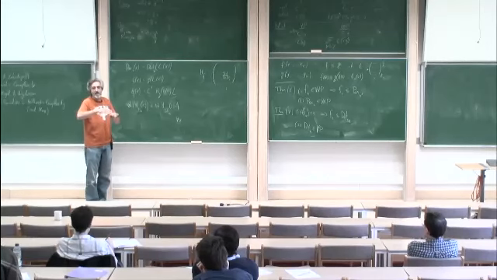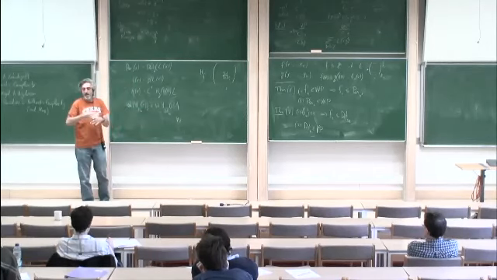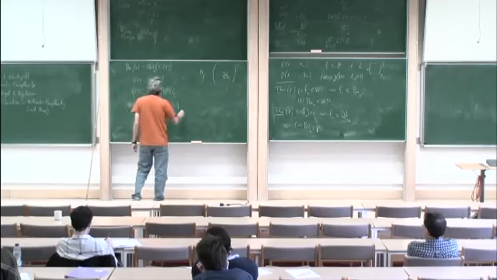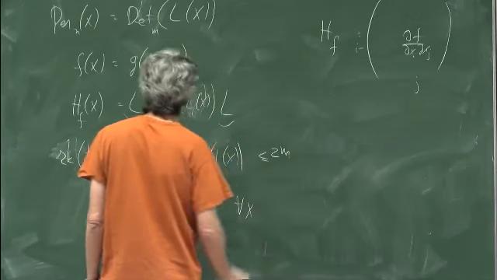It contains, that's what the Hessian captures, hyperplanes of very small codimension, about m. So this is always at most something like 2m.